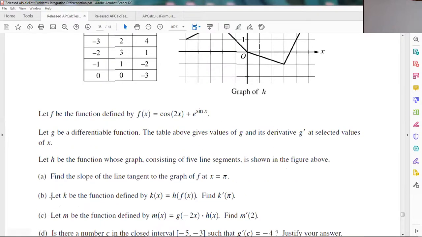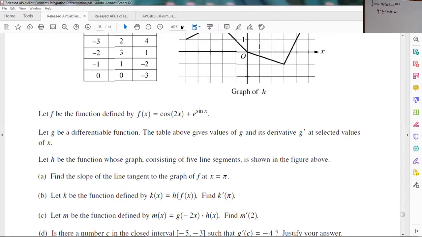First question. Find the slope of the line tangent to the graph of f at x equals pi. Okay, that's not a big deal. f of x is cosine of 2x plus e to the sine x. And I want the slope of the tangent line, so I have y minus y0 equals m times x minus x0, right?